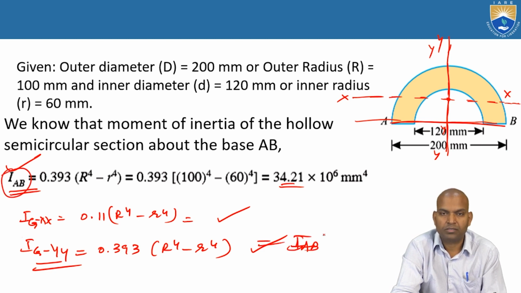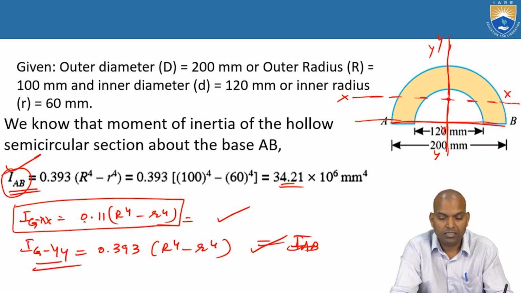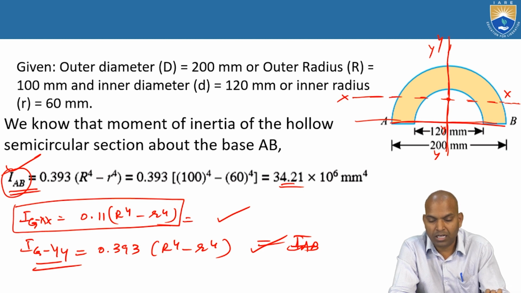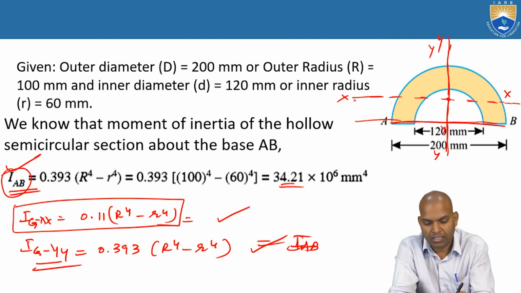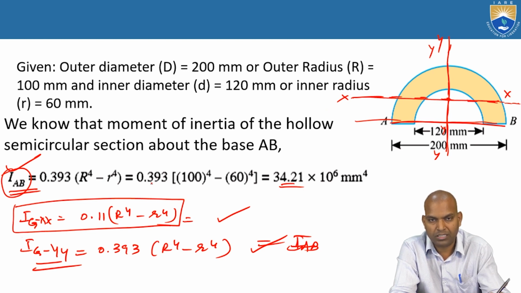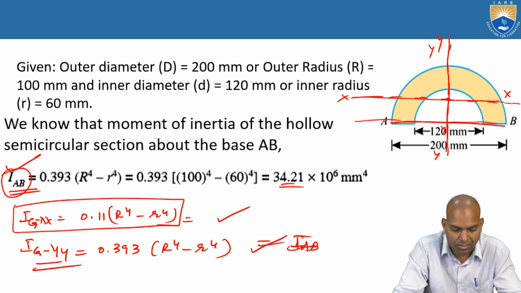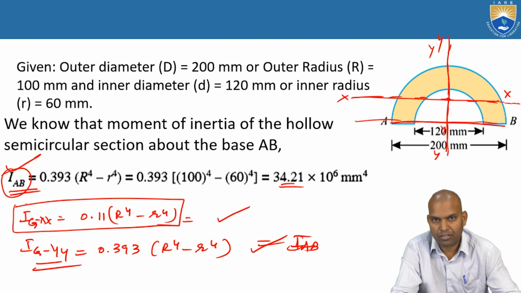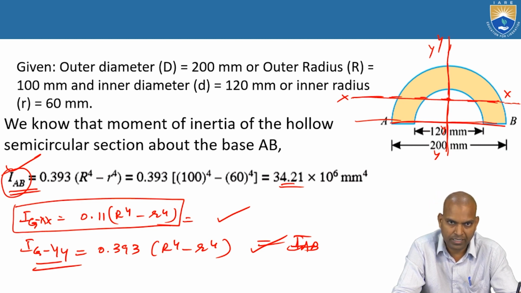I_AB is the base. Now I_GXX, we are talking about it in the problem, though they did not ask. The base problem is over and solved. We are making another problem out of this data: suppose they want to find the XX and YY moments of inertia for this hollow semicircular section, passing through the centroidal axes, parallel to XX and YY.